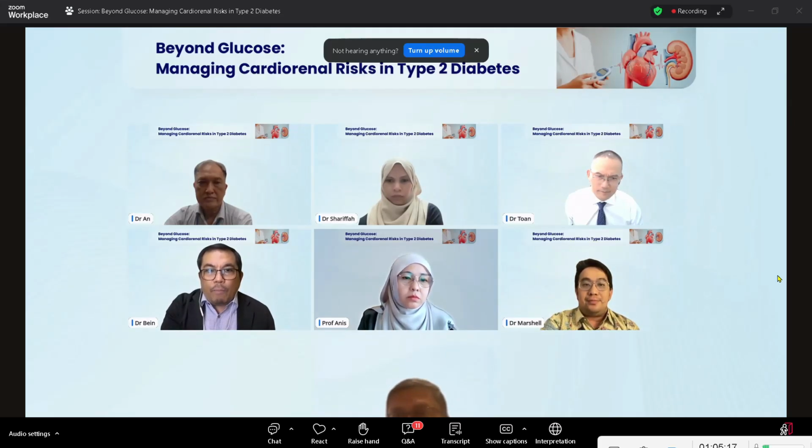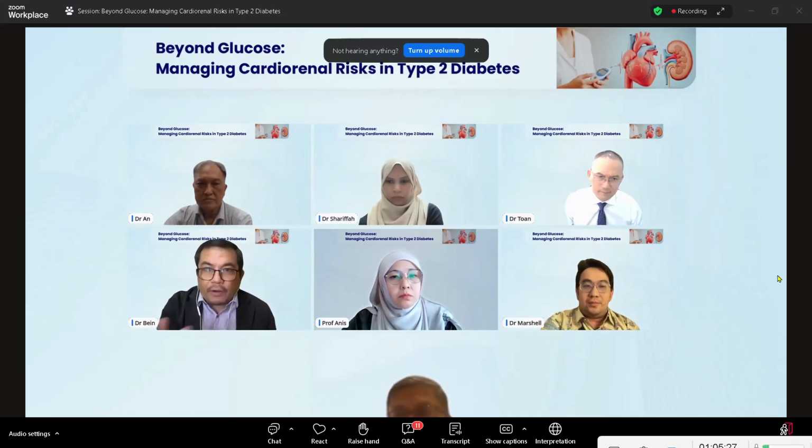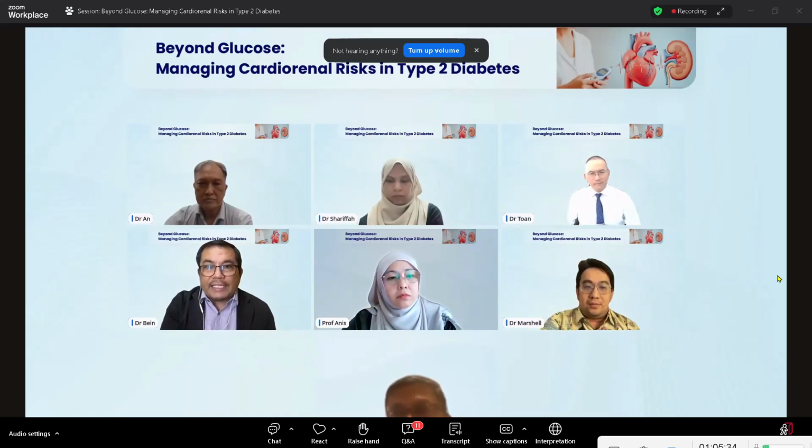You may actually need combination therapy if your baseline LDL cholesterol cannot be lowered by 50%. I don't know about the other panelists, but in the Philippines we now have several fixed-dose combinations, for example of atorvastatin or rosuvastatin together with ezetimibe.